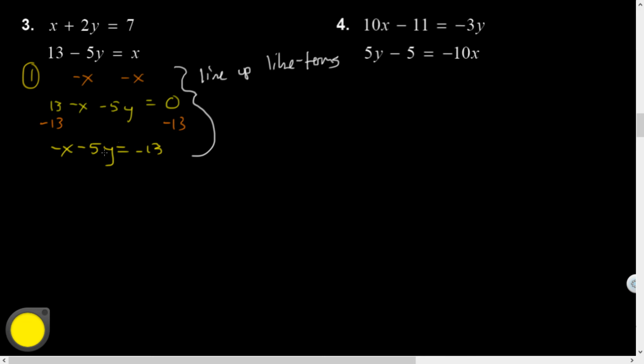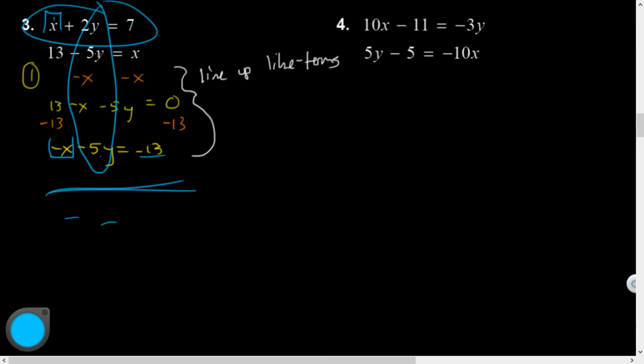So notice that benefits me in this way, that my x's are lined up. Now, I'm not going to require you to rewrite this equation down here, but it's probably a really good idea. Because when you start trying to add this to this and get something, and this to this and get something, you might make a mistake because there are so many things here, you might accidentally add the wrong things.